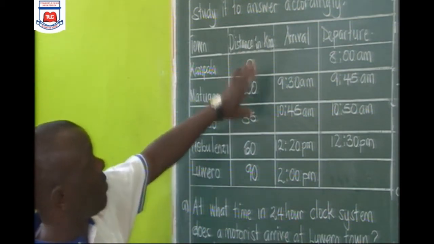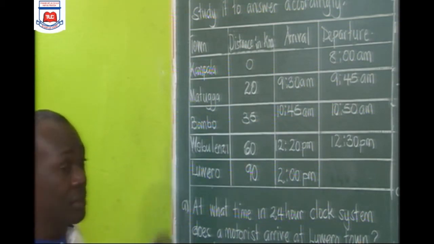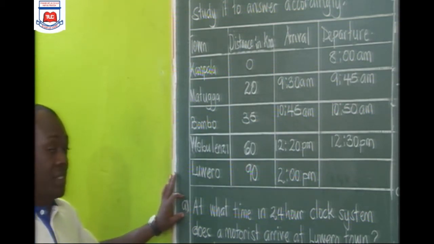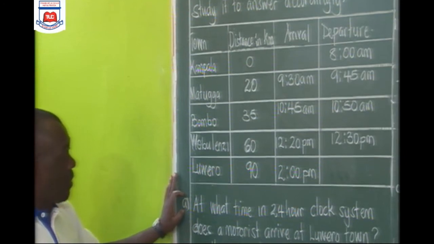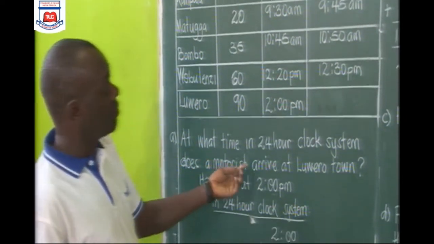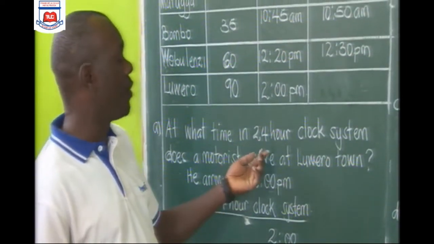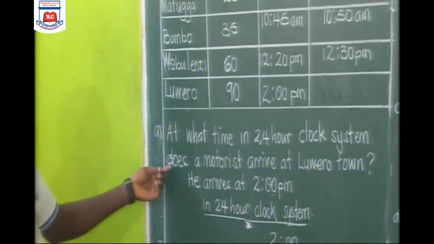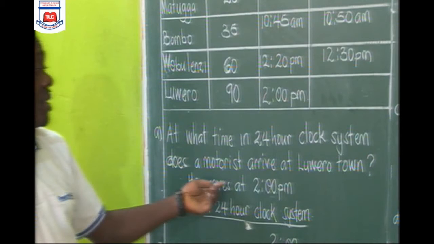So, having studied all that, one is now free to read the questions. Question A reads, at what time in the 24-hour clock system does the motorist arrive at Luweero town?